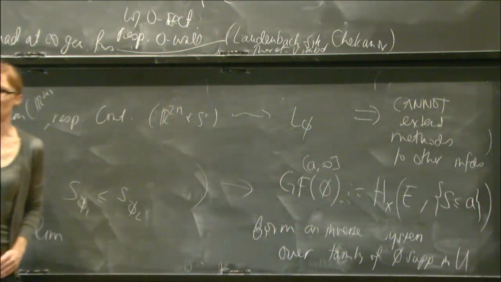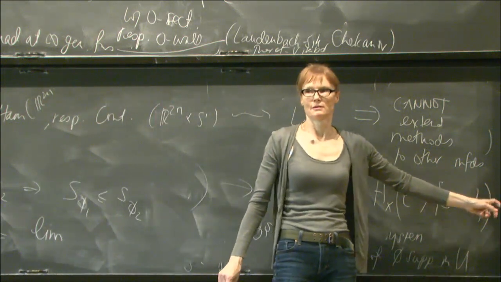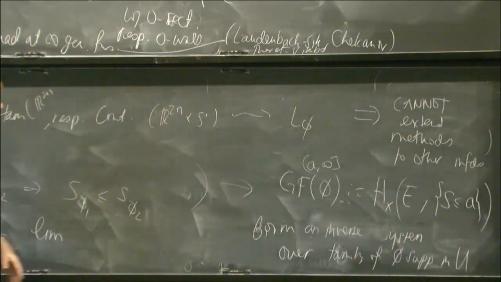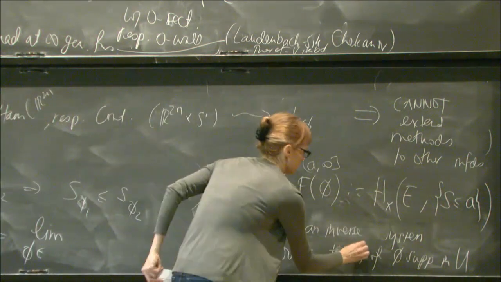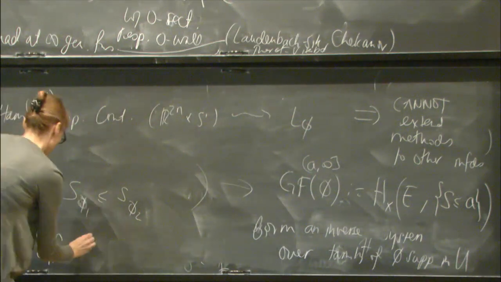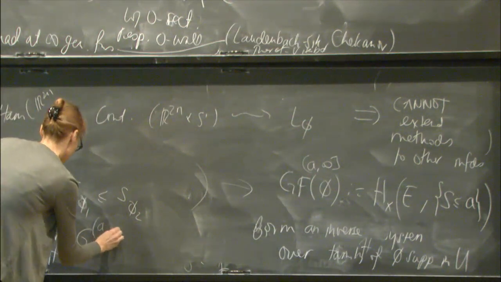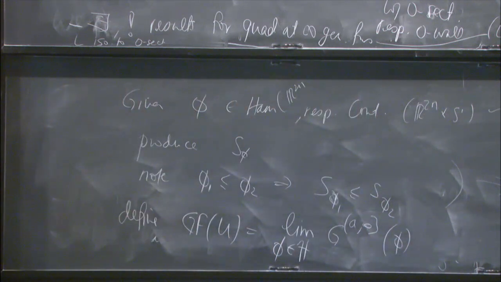That's because if you have a larger generating function, then you're going to get a smaller sublevel set. So we actually have an inverse system, and we take this limit in this, let's call this family H, of these vector spaces.